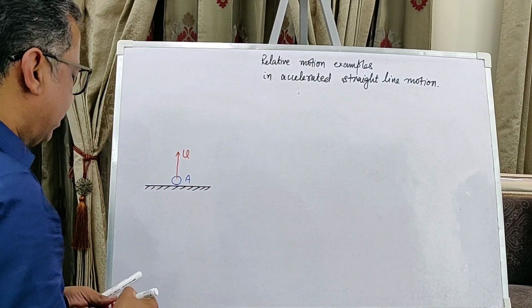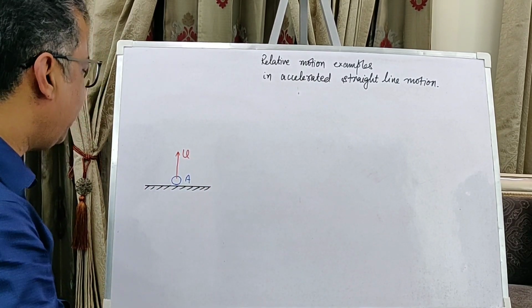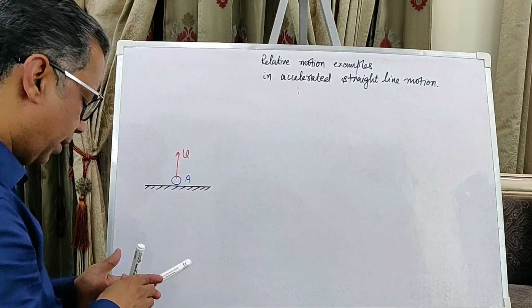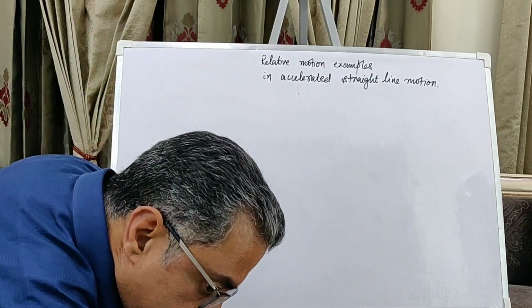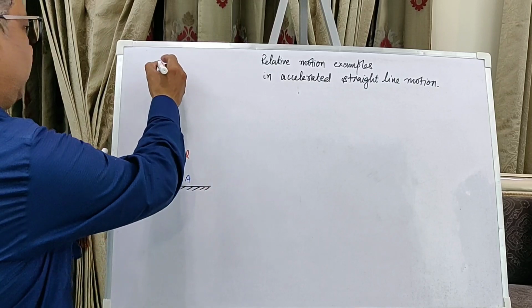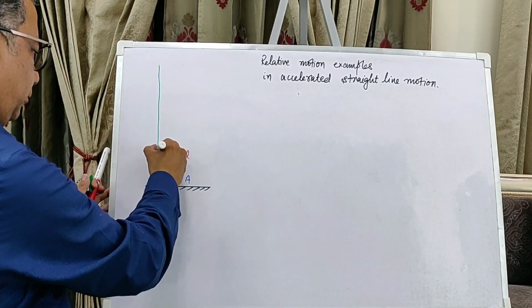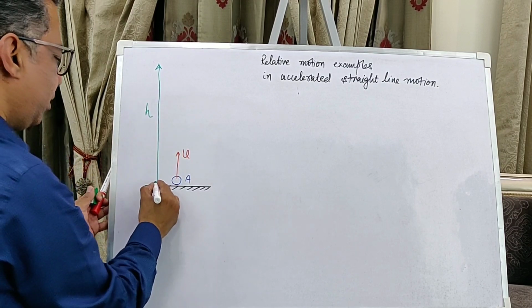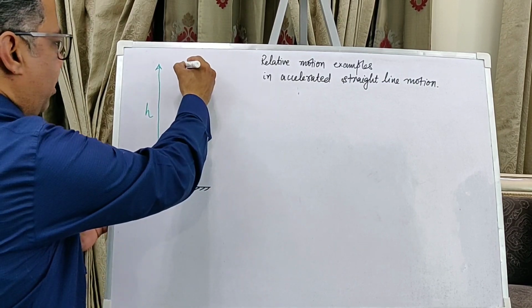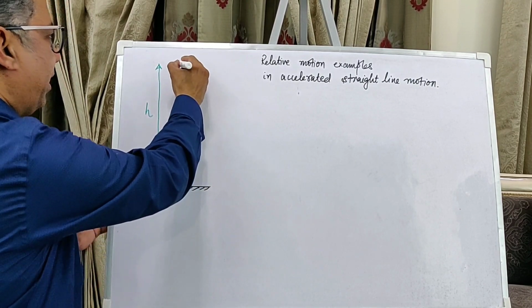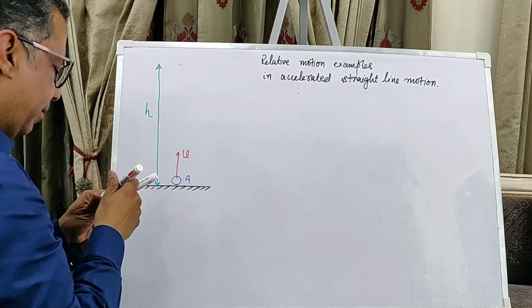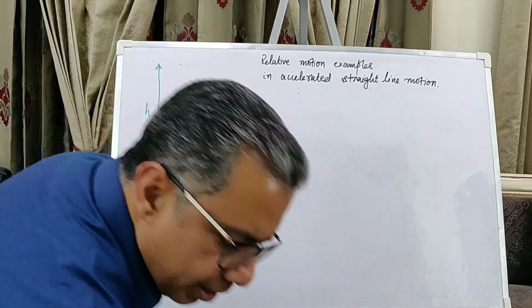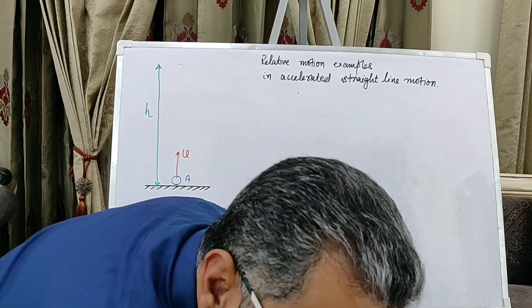Now, at a fairly large height from this point, let's say this is height h, there's a point vertically above A, and from here we are dropping an object.